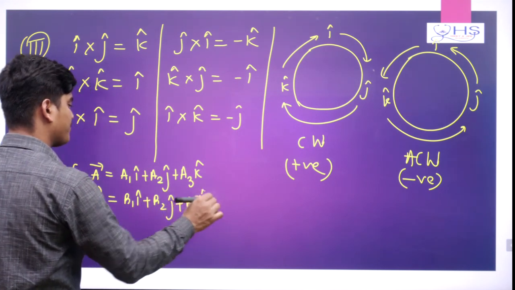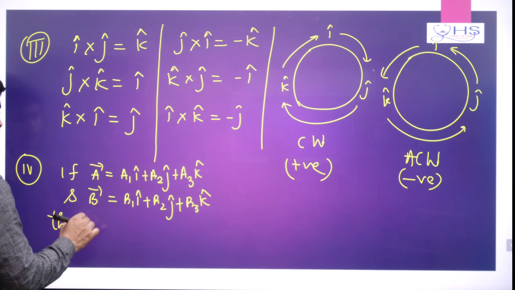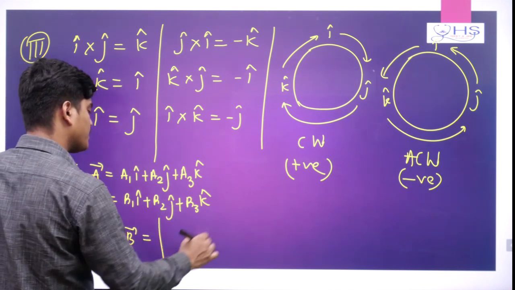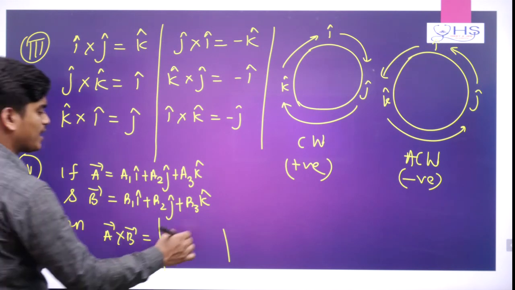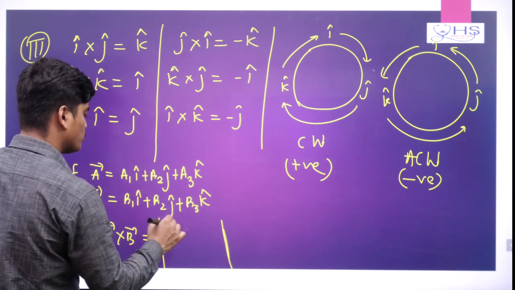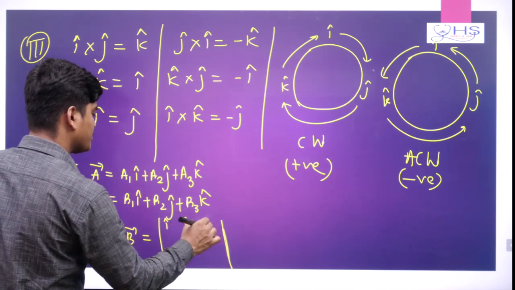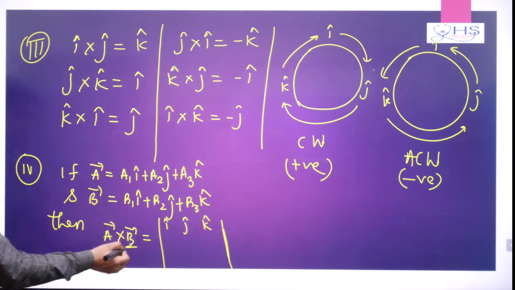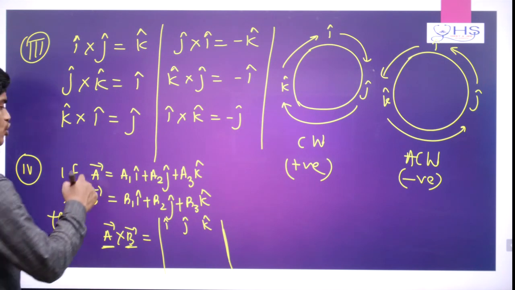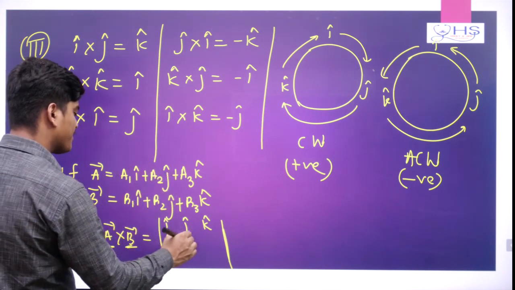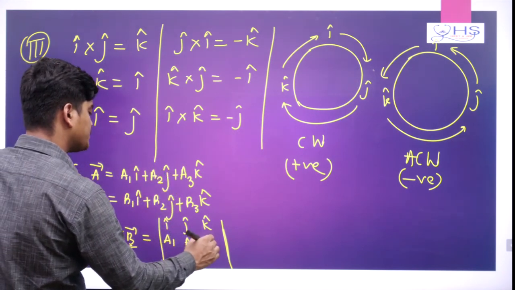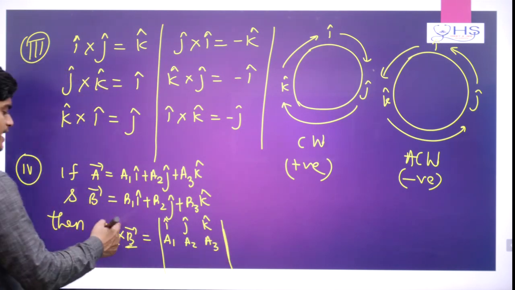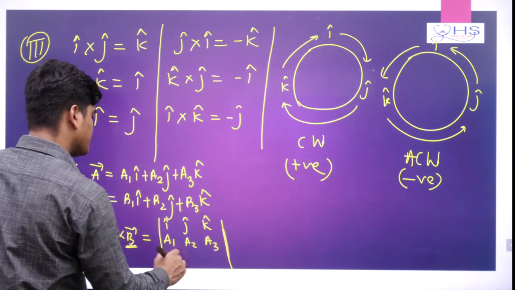Okay, then if you want to find a cross b when the a vector and b vector are given in component form, what to do? Here it is i, here j, here k. First is the a vector and then the b vector. So first you write the coefficients of a: the i cap coefficient is a1, j cap coefficient is a2, k cap coefficient is a3. Second is the b vector, so here it is b1, b2, b3.